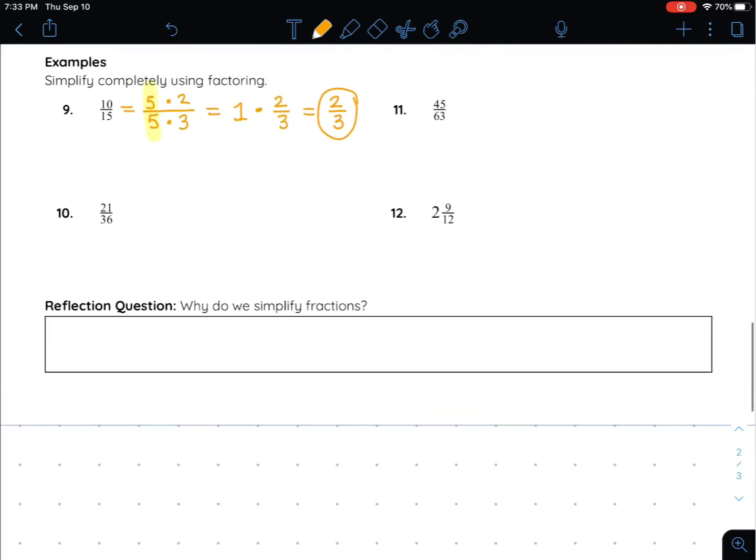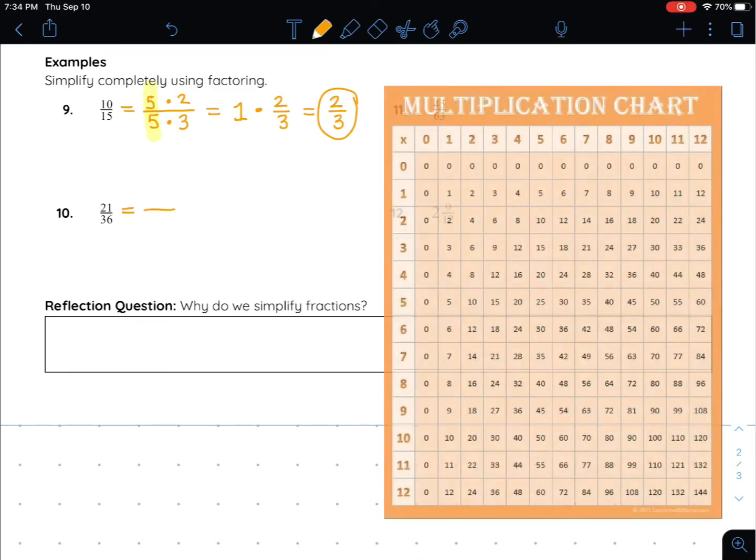21 over 36. We need something that they both share. If I checked a math facts chart, I'm sure I could find it. So I think it's going to be 3 and 3. Remember, we're making a 1, so we need the same number on the top and the bottom. 21 is 3 times 7. 36 is 3 times 12.